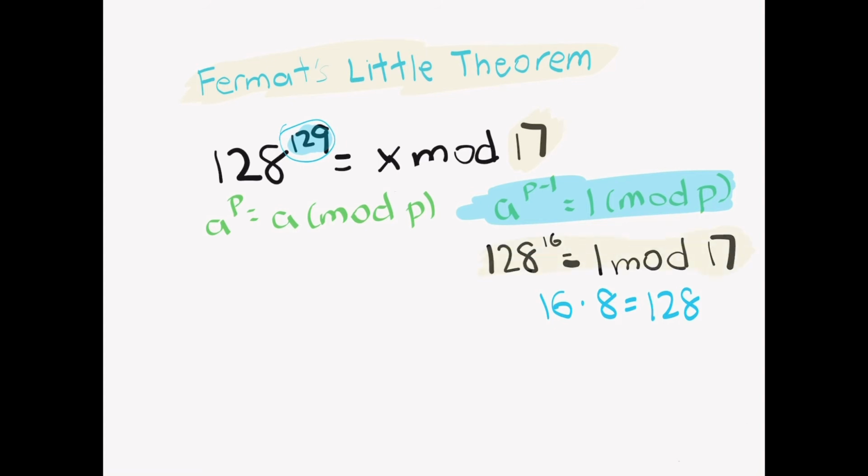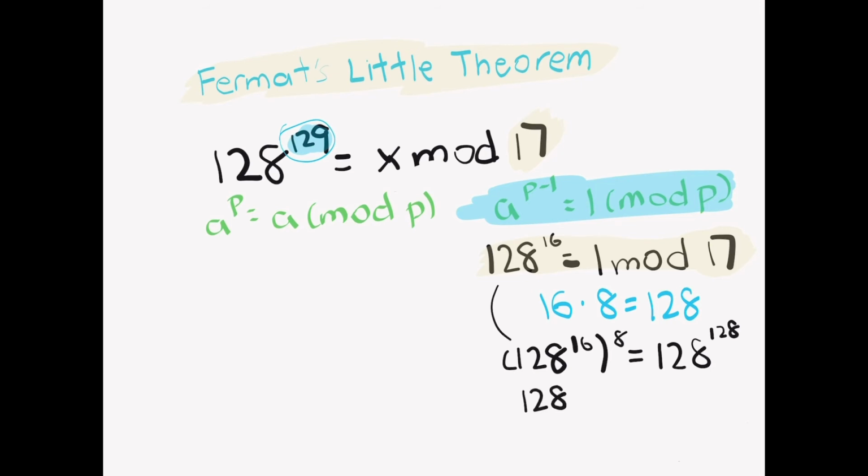From this, we can deduce that 128 to the power of 16 to the power of 8 equals 128 to the power of 128. So we need to multiply this quantity by 128 one more time to achieve 128 to the power of 129.